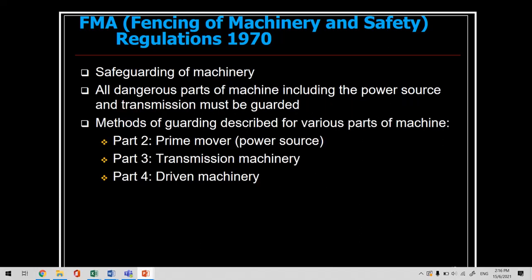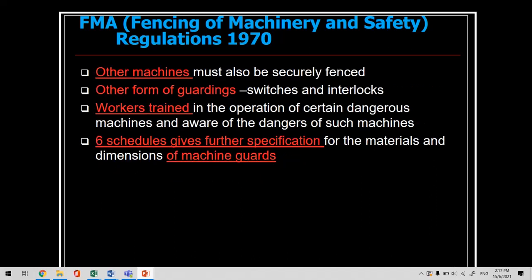And then it is also for the safeguarding of machinery or dangerous part of machine, including the power source and transmission, must be guarded. And for method of guarding described for various part of machine, for example, prime mover, transmission machinery and driven machinery.